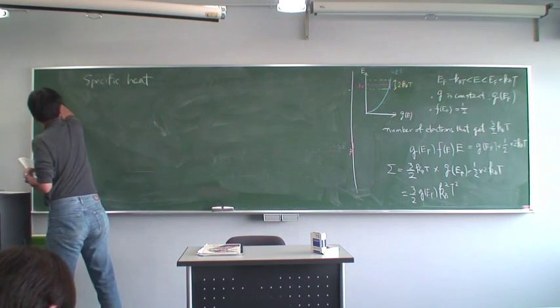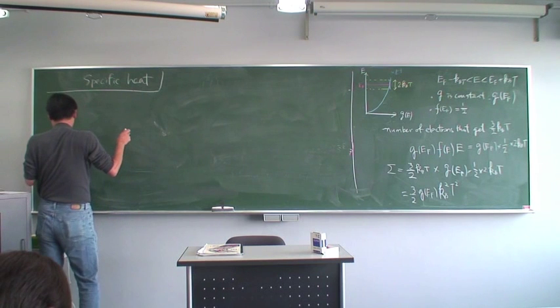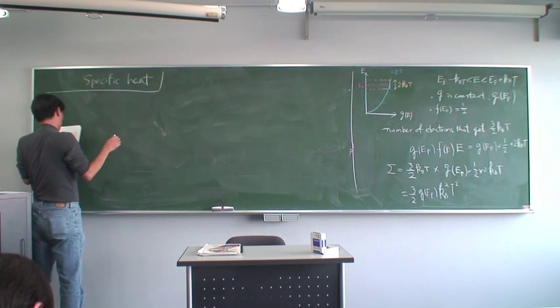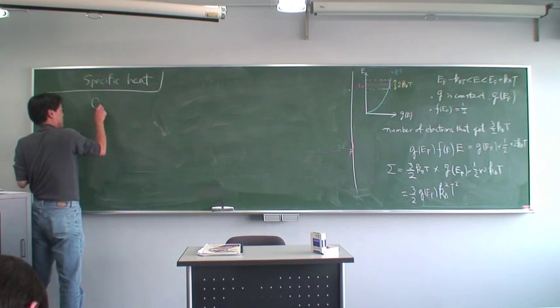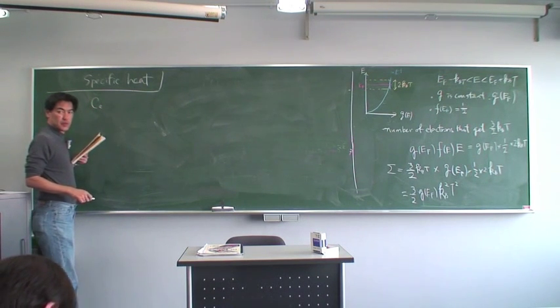So once we have that, now we can calculate CE, the electron specific heat.